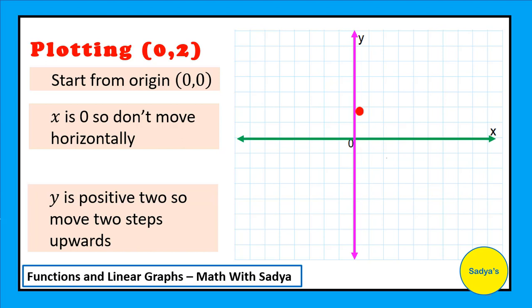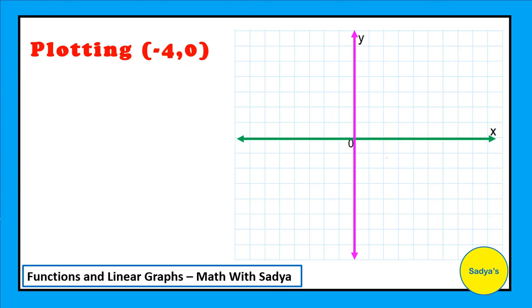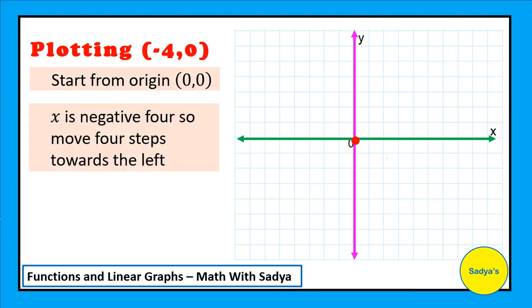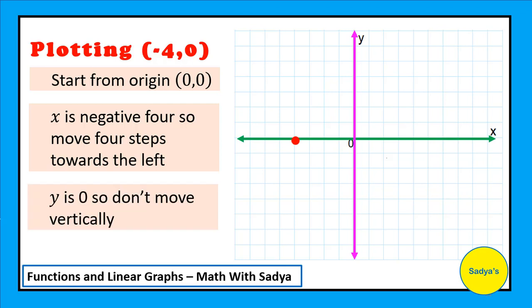This is where 0, 2 will lie. Now the last example. If we have to plot negative 4, 0, start from origin. X is negative 4, so we move 4 steps towards the left. And y is 0, so we don't move vertically. So this is the point which is represented by the ordered pair negative 4, 0.